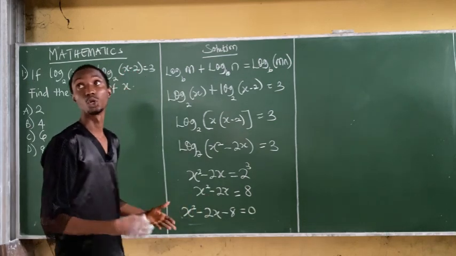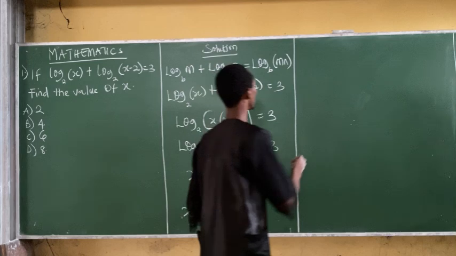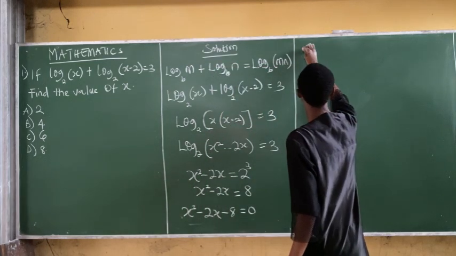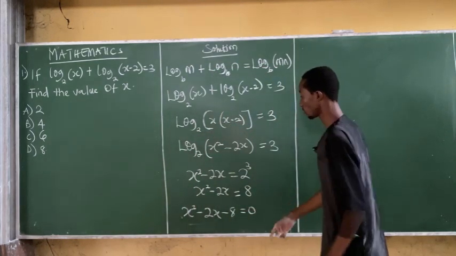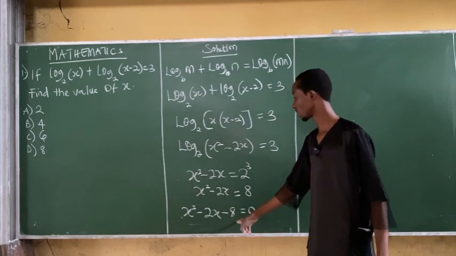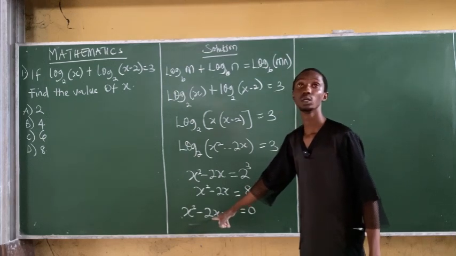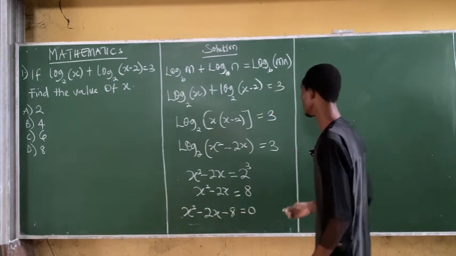This is a typical quadratic equation. If we solve it using the factorization method, we need two numbers that, when you multiply them, you get the constant, and when you add them together, you get the middle number.